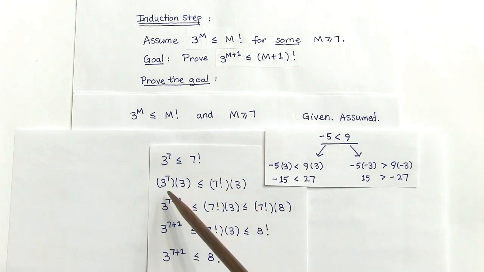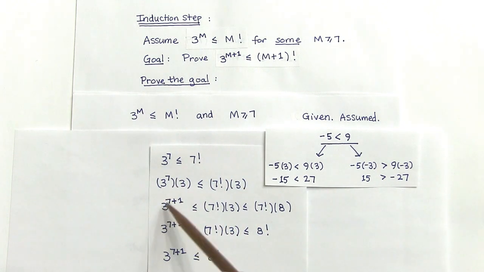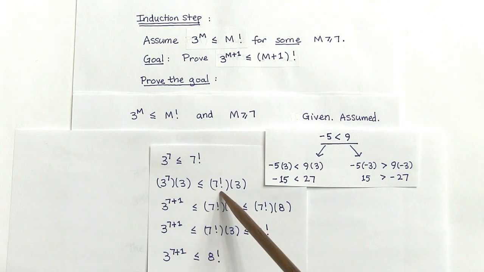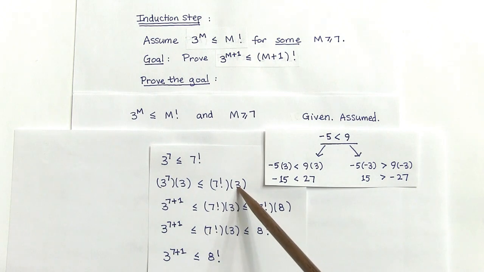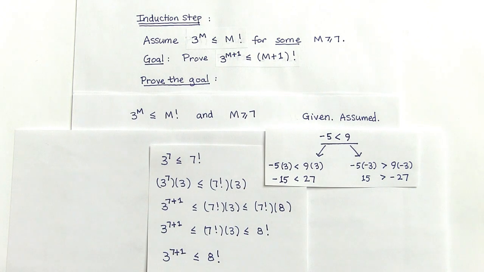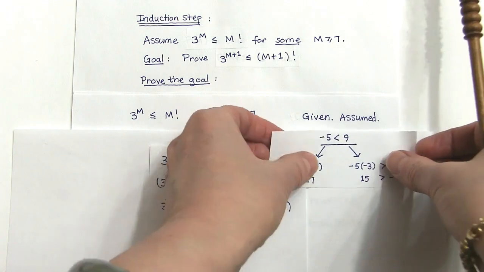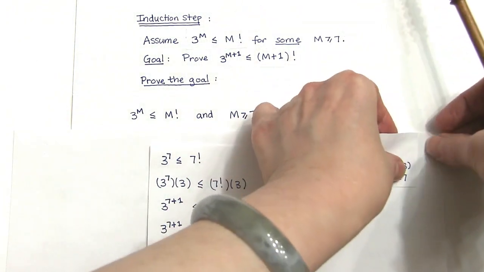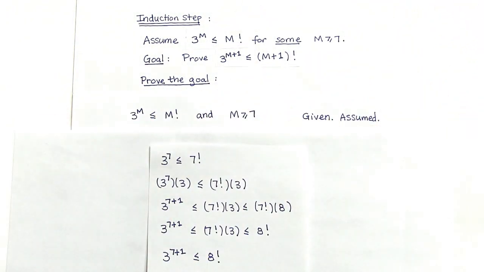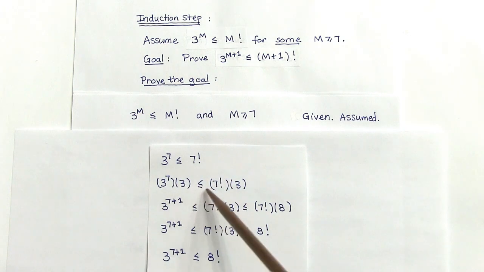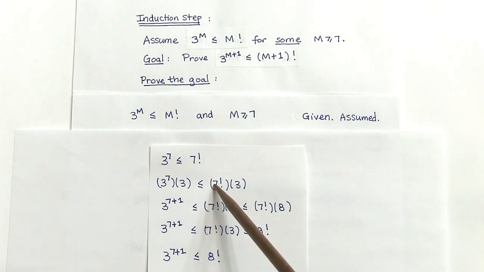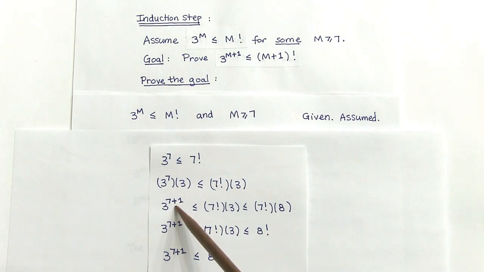It is true that 3 raised to the 8 is less than or equal to 7 factorial times 3. So this gives me part of the inequality I'm looking for, the 3 to the 8 part.